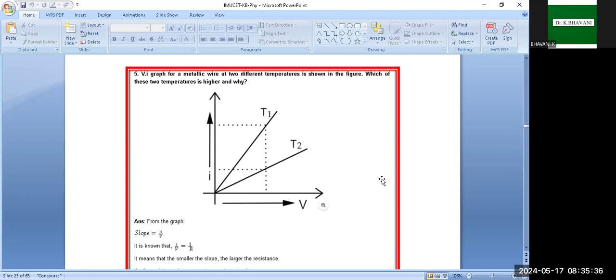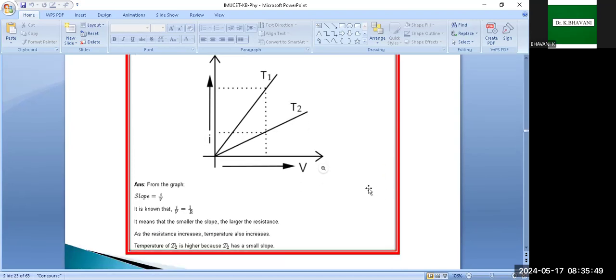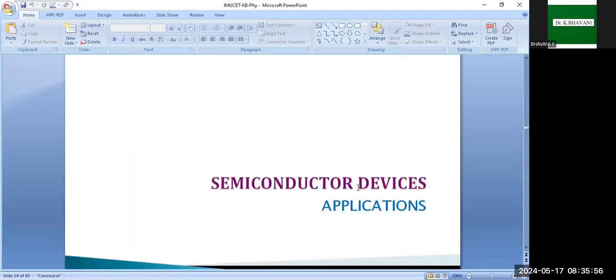So the final temperature will increase with time. So T2 is always higher than T1. So here the temperature T2 is high, because T1 has the small slope. That's all.